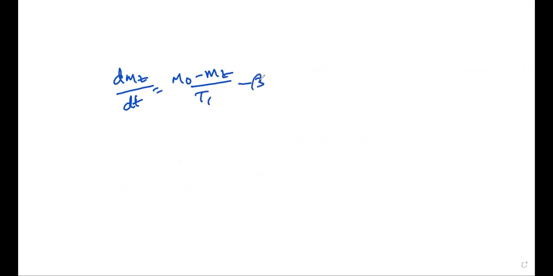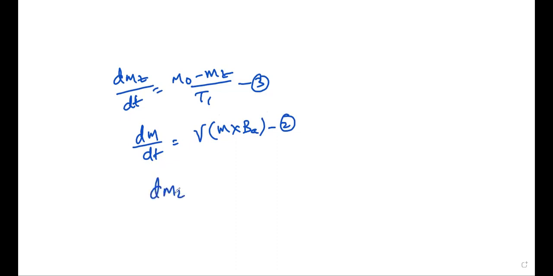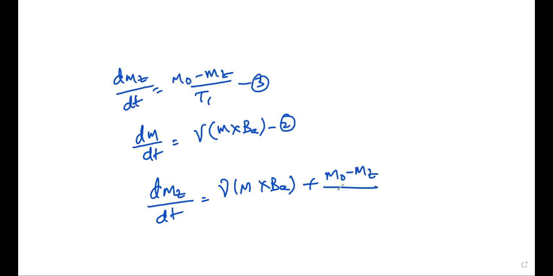So equation 2 is dM by dt is equal to gamma into M cross B. Taking account of 3, the z component of 2 can be written as dMz by dt is equal to gamma into (M cross B)z plus (M0 minus Mz) by T1.